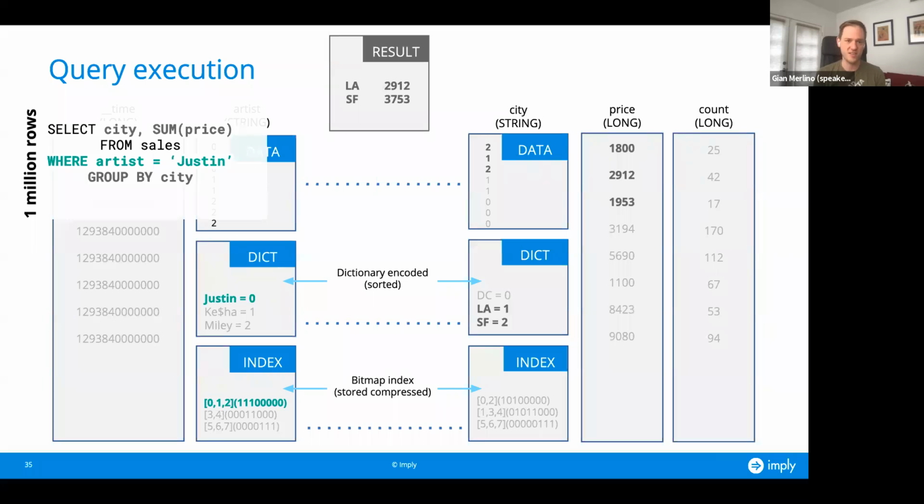It's deferring expensive things like string operations until as late as possible. And it's techniques like this, minimizing the amount of data we read, minimizing scans, doing searches when possible, deferring dictionary lookups, that enable rapid processing of data.